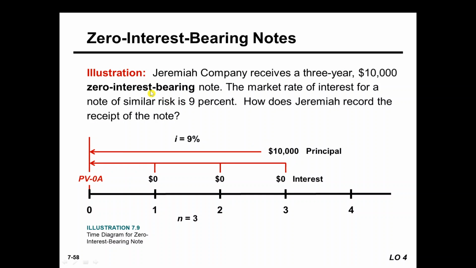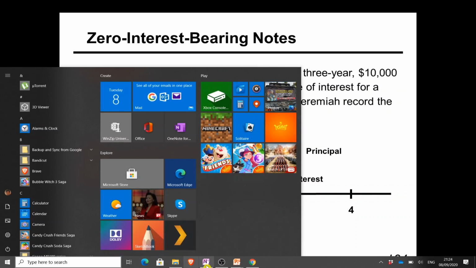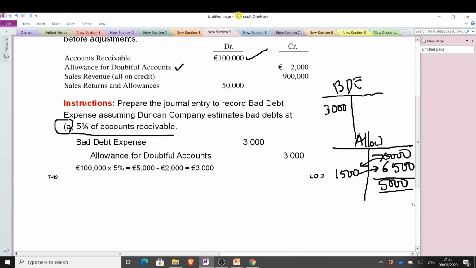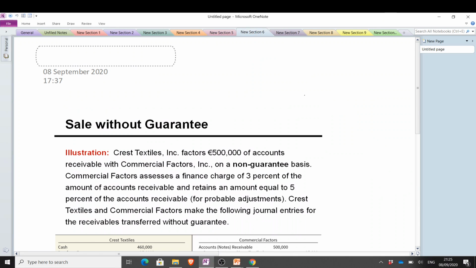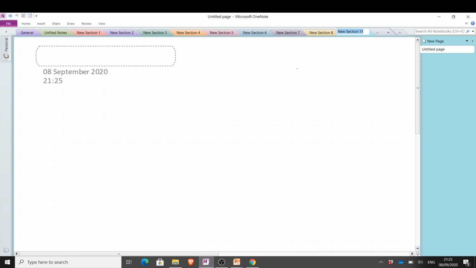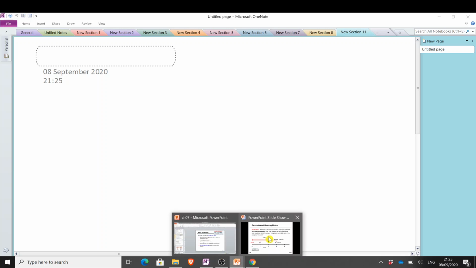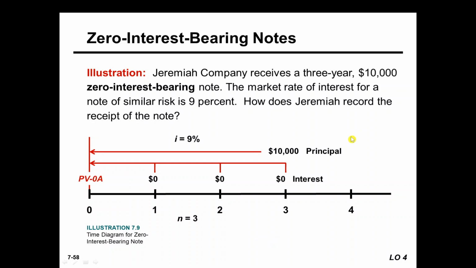So in the other illustration, the Jeremiah company receives a 3-year note of 10,000 at 9%.